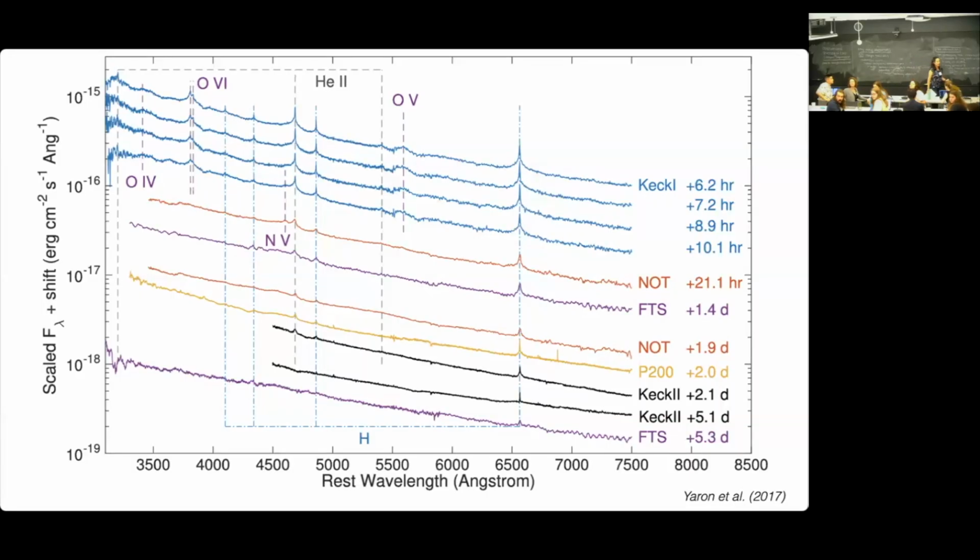And so people realize that if you do what's normally done, which is you wait maybe for the peak to classify events, you'll miss a lot of information about the material that's most closely confined to the progenitor, which corresponds to the mass loss that happened really, really shortly before the explosion.